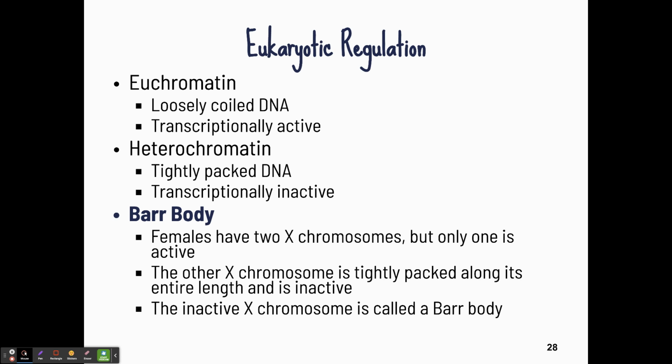However, for females, because we have two X chromosomes, it's redundant. If you have only one, XO, you have Turner syndrome, and you'd have a genetic disorder. However, we have two, and one randomly shuts off. You need two in order for one of them to function.